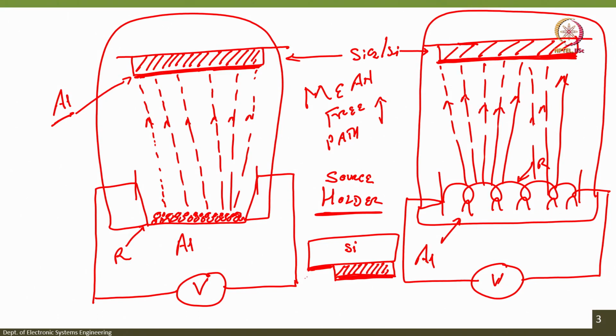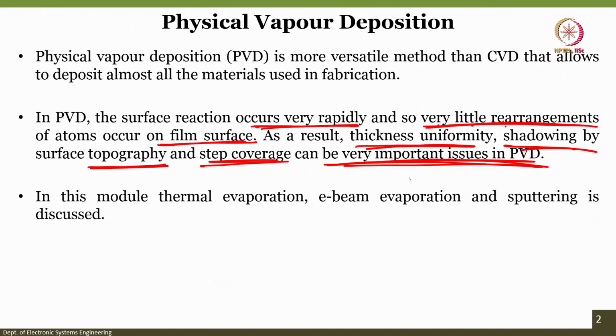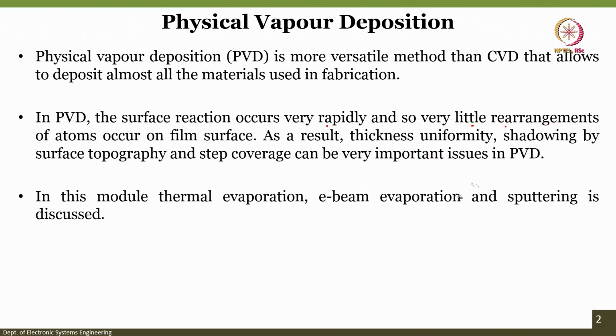This dark one is aluminum, this is aluminum, but in this step, this region, the deposition will not be so uniform. Okay. That is called step coverage, to cover the step uniformly. This step will not be covered uniformly, right. That is what is called the thickness uniformity, shadowing by surface topography and step coverage, right. Step coverage is very important in a lot of applications, and that is a limitation or issue with PVD, right.